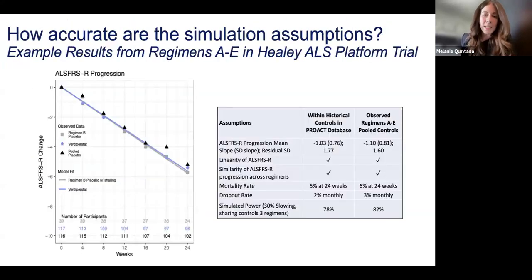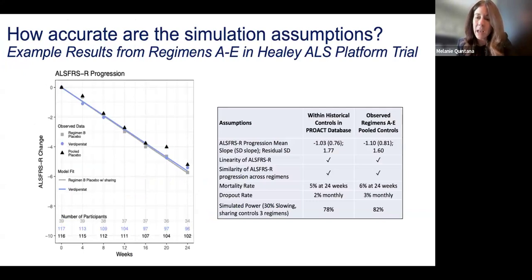And then finally, you might be asking, how well does this hold up? How well do these simulations hold up in practice? Fortunately, we have evidence of how well these simulations hold up in practice when designing the HEALEY ALS platform trial. And now we've actually gotten to observe data from the first 5 regimens.